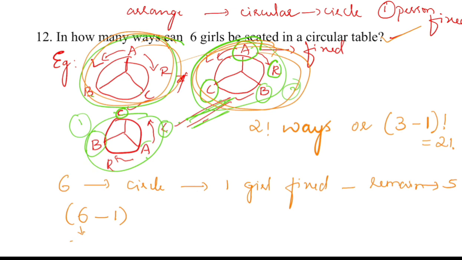This is the total and 1 is fixed, whoever is fixed we have to deduct. So 6 minus 1 factorial ways in which we can arrange. So 6 minus 1 factorial is nothing but 5 factorial ways. So that is nothing but 120 ways we can arrange the 6 girls at a circular table.